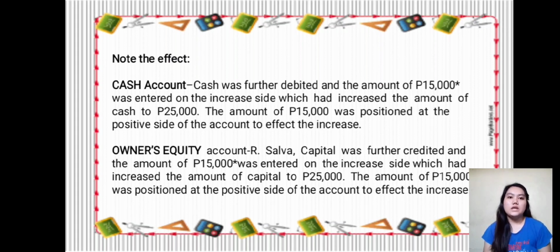For owner's equity, the account of Mrs. Salva capital was further credited and the amount of 15,000 was entered on the increase side, which increased the capital to 25,000. Okay. It increased because the first 10,000 was not reduced, so you add it to make 25,000.